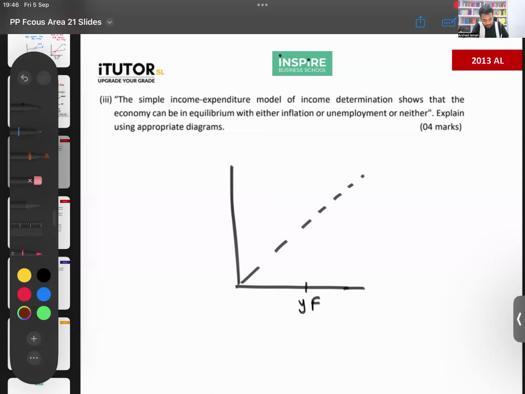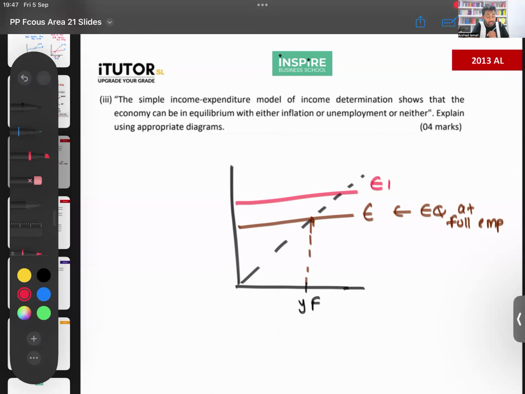For example, if your expenditure curve is like that, then you're at equilibrium at full employment. But what if your expenditure curve is higher? What if this is your expenditure curve? Then you will be at equilibrium here.